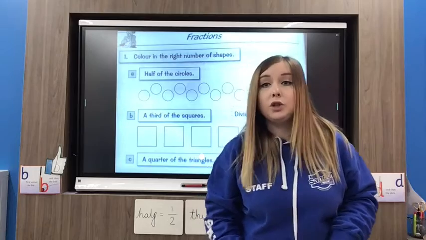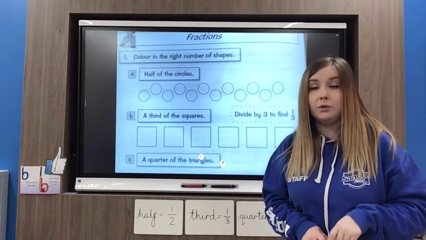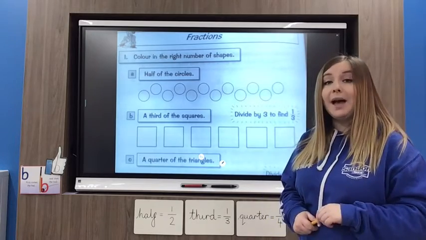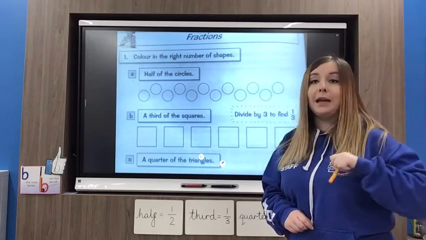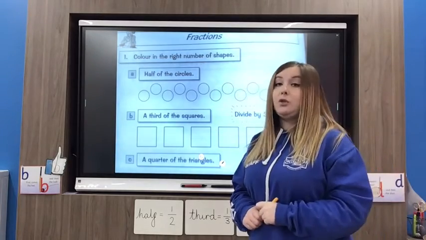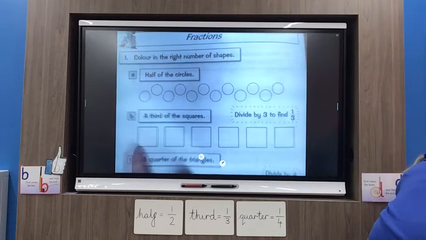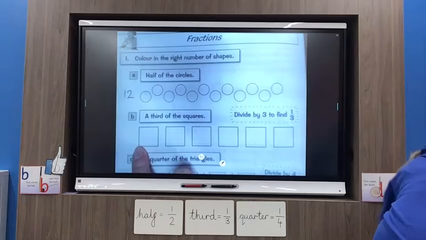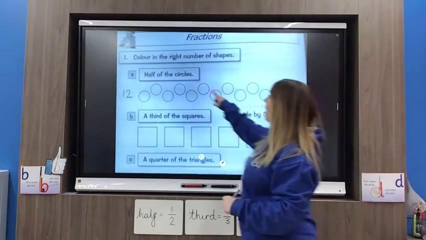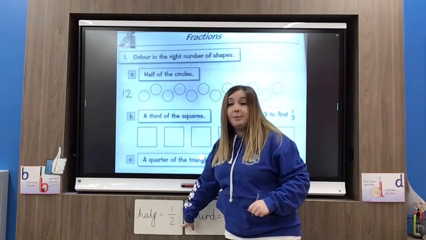So let's count on our 2's until we get to 12 and then colour in that amount of circles. Okay, it's just like what I did on the board, but instead of colouring, I drew a ring around mine. You're going to colour in the right amount. So we've got 12. And remember that when we are halving, we're dividing by 2.